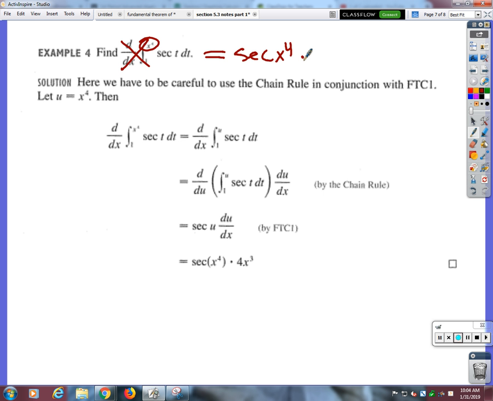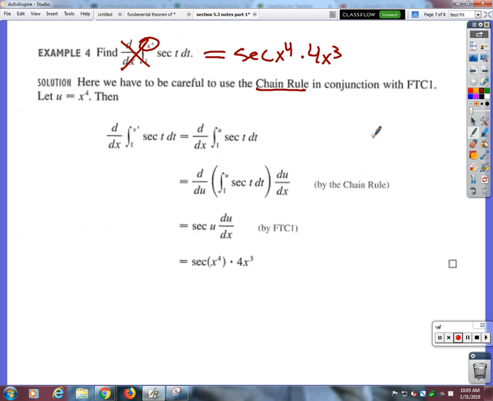So we got to chain rule that bad boy. Yes, it says right there we got to chain rule it, so I have to multiply it by the derivative of the thing on top. We're really doing that all the time, even when it's just an x, but the derivative of x is just 1, so it doesn't change it.